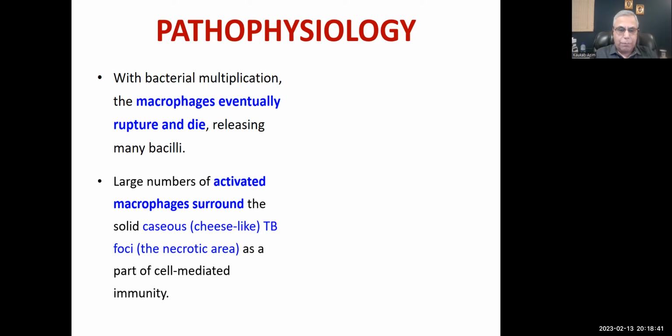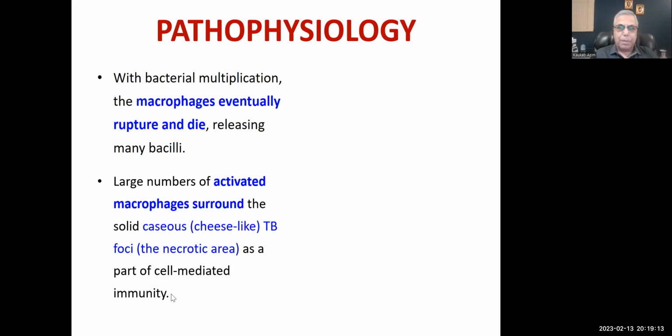So we have got a mix of dead cells and macrophages, and because the mycobacteria have got mycolic acid in their cell membrane, that granuloma from inside, where it is becoming necrotic, has got a cheese-like appearance, which is known as caseous necrosis.